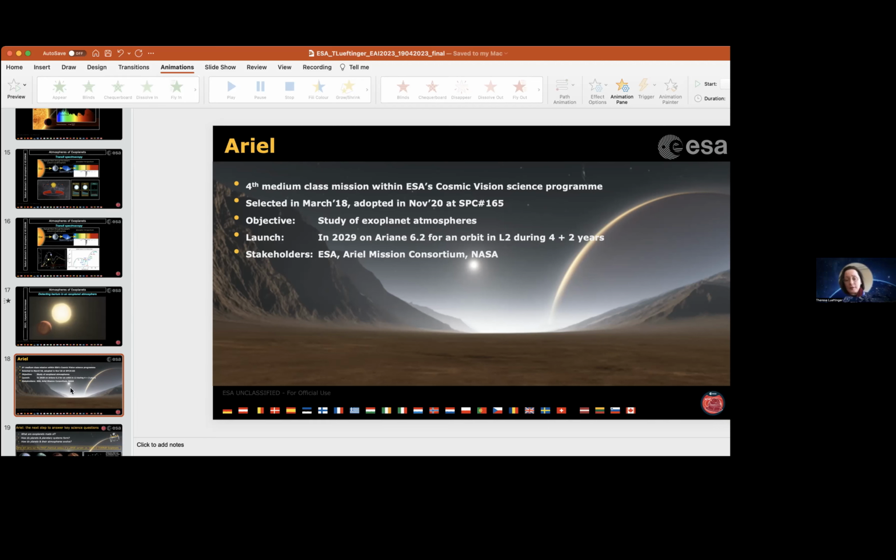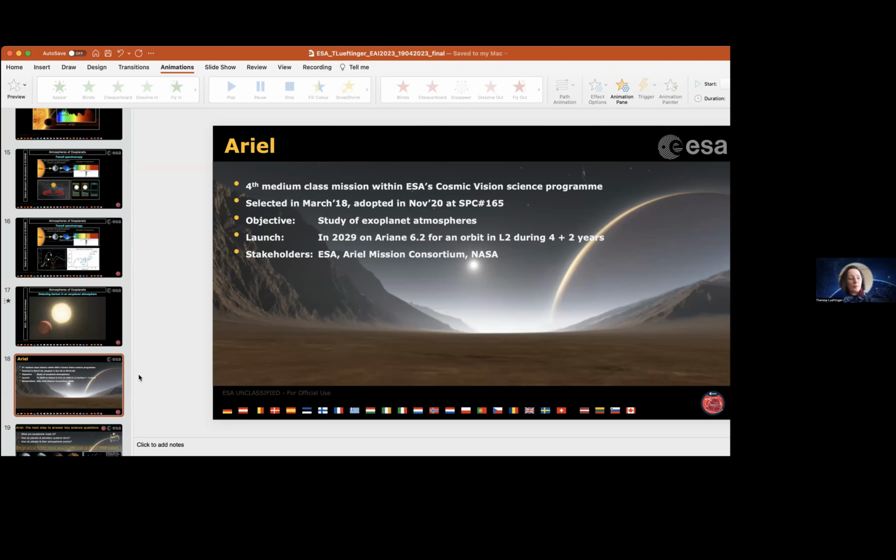We want to study the atmospheres of exoplanets. We are aiming for a launch in 2029 on an Ariane 6.2, planning to go into a so-called Lagrangian orbit around Lagrange point 2 with a nominal mission lifetime of 4 years, and then we hope we can get extended for another 2 years.